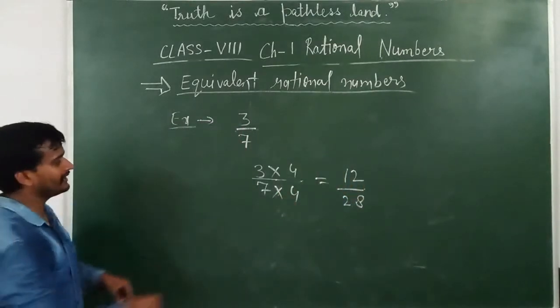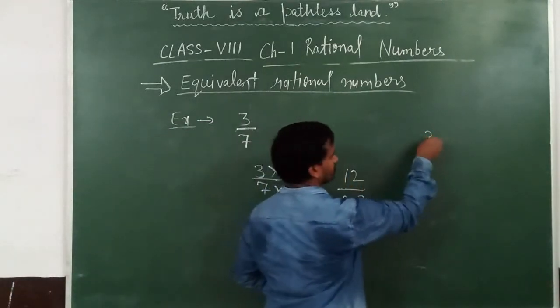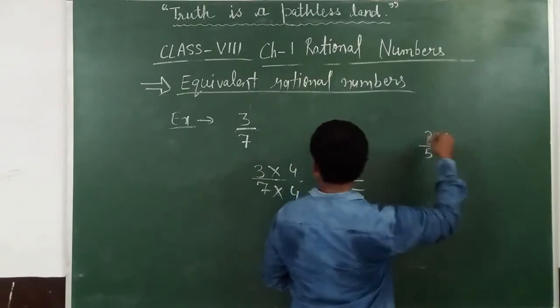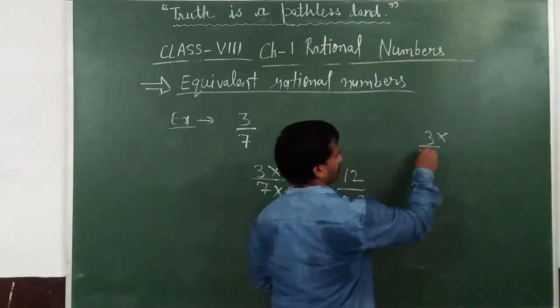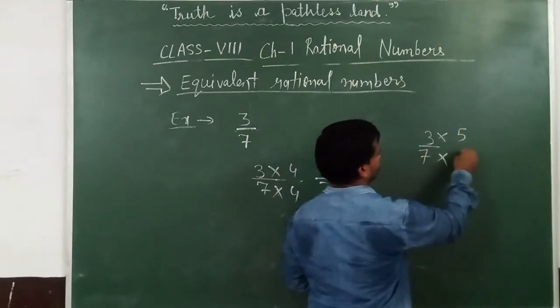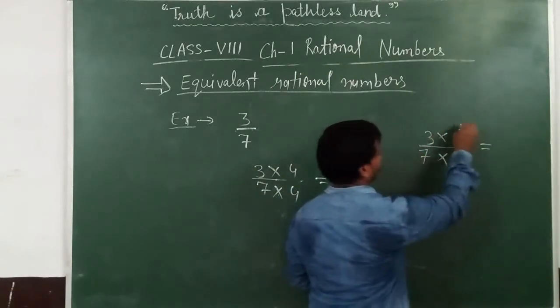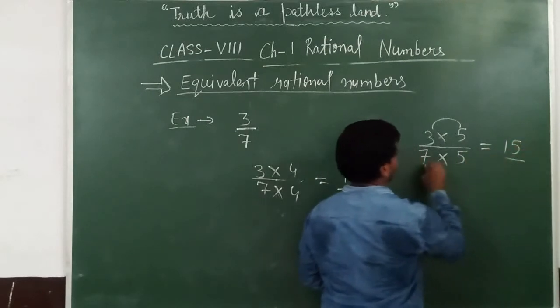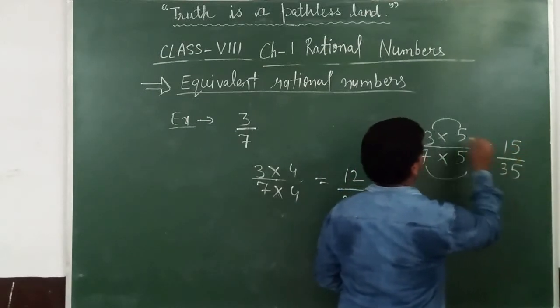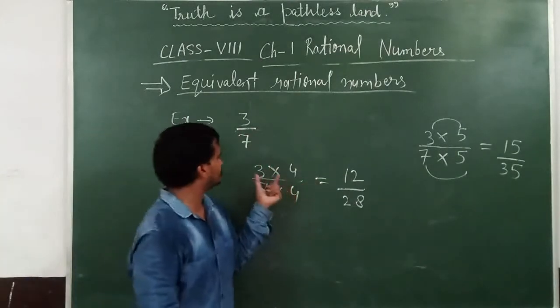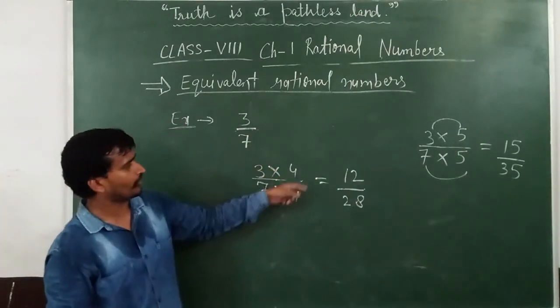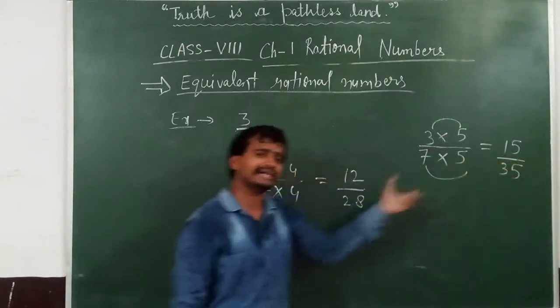28. Similarly, if we multiply 3 upon 7 by 5, we obtain 15 upon 35. So the numbers obtained on multiplying 3 upon 7 by 4 and by 5 are all equal in their value.